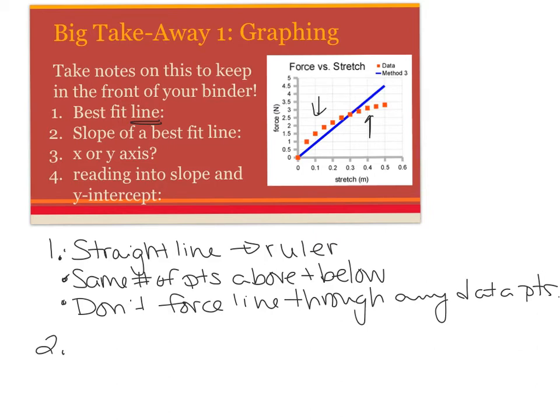When you find the slope of a best fit line, of course you use the slope equation. But where should I get these y and x components of points? A lot of students use data points from their data table.